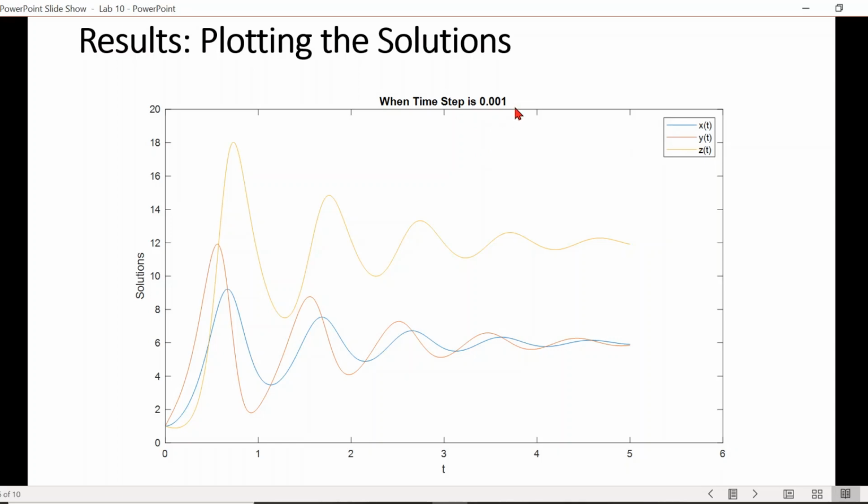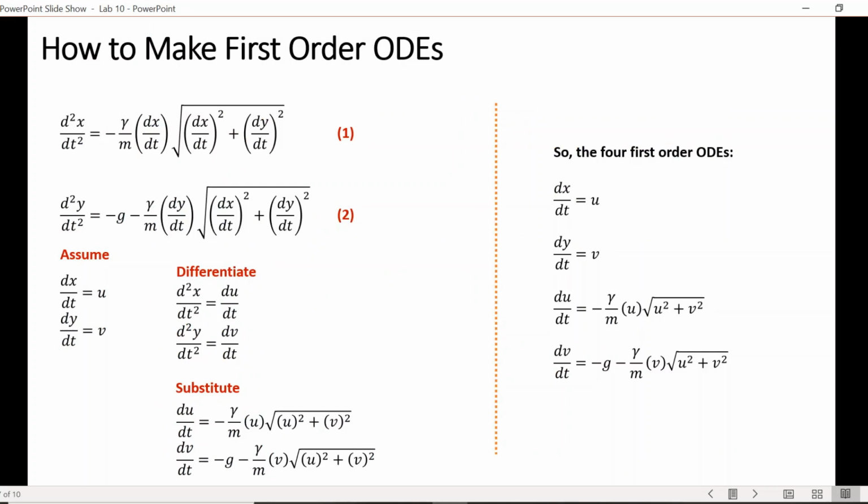0.001. The previous example shows first order ODEs. Now we may have second or higher order ODEs that we can transform into a system of first order ODEs. For example, here we have two second order ODEs.